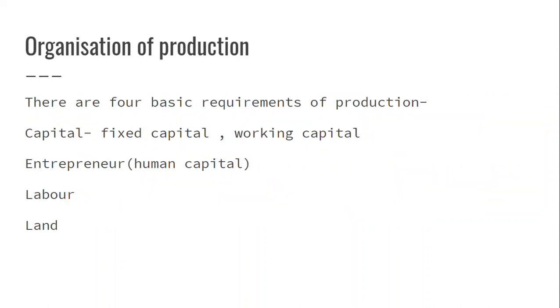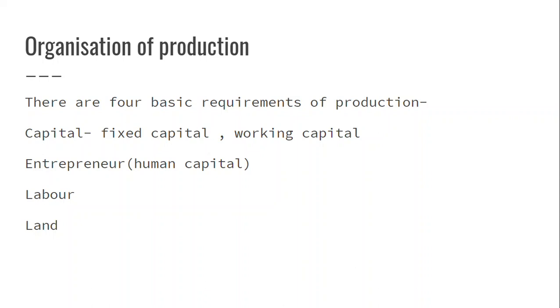This chapter is mainly about production, so we're just going to go over the things we need for production. The things we need are capital, which is of two types, fixed capital and working capital. Fixed capital includes tools, machines, buildings, and things which you keep for a long time, which can be used again and again.